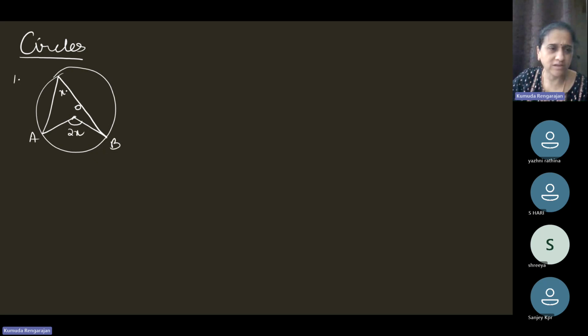Just take down this figure. I'm not giving you statements, but from this you can make out. If that is x, this is 2x. Or maybe I'll just write it like this. We want to make the theorem different.